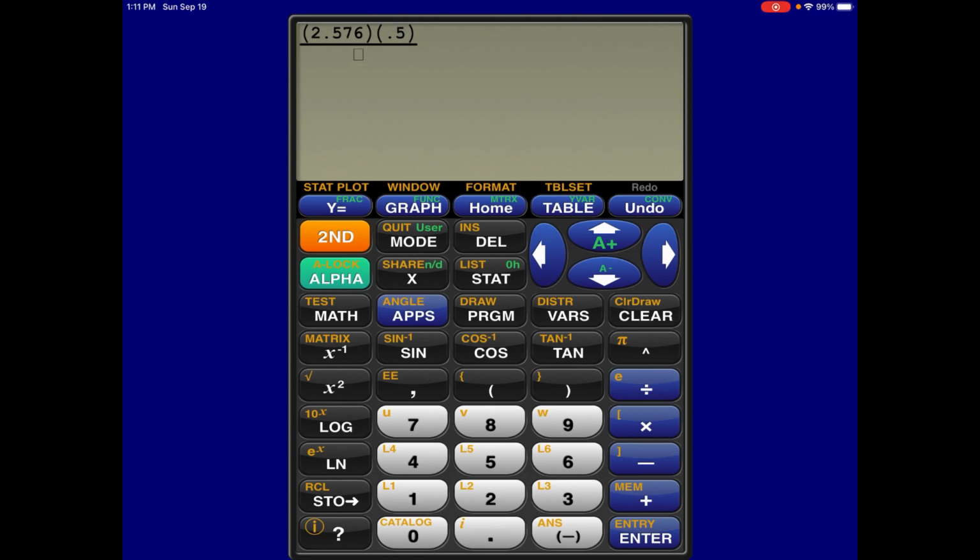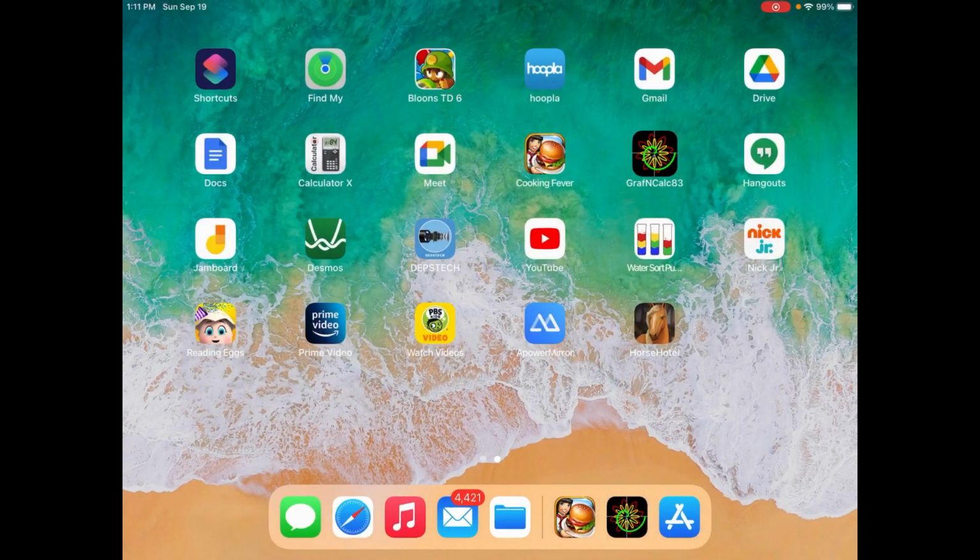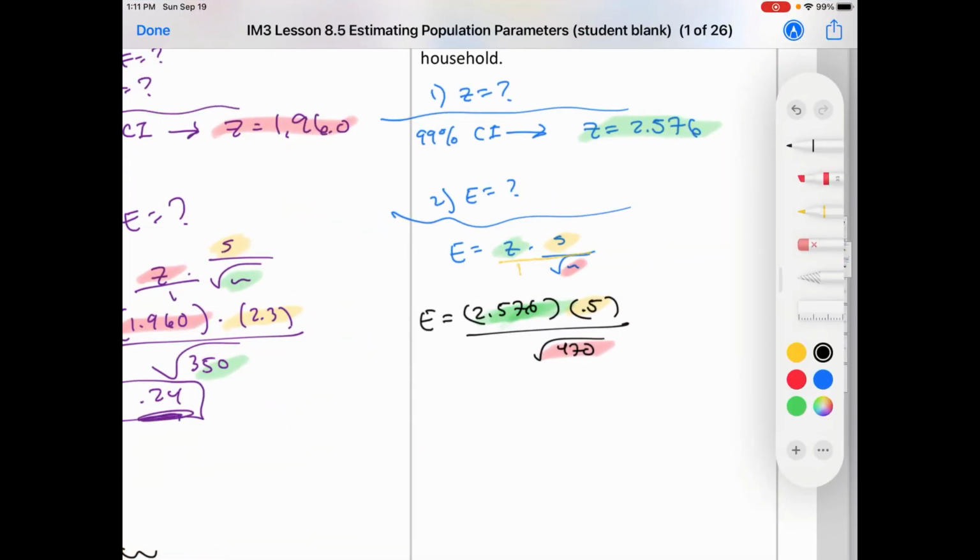So that would be second x squared, and then that would be 470. Now it has a red on the screen, so just click out to the right and you press right again. So I'm out there and just press enter, and I get 0.06.